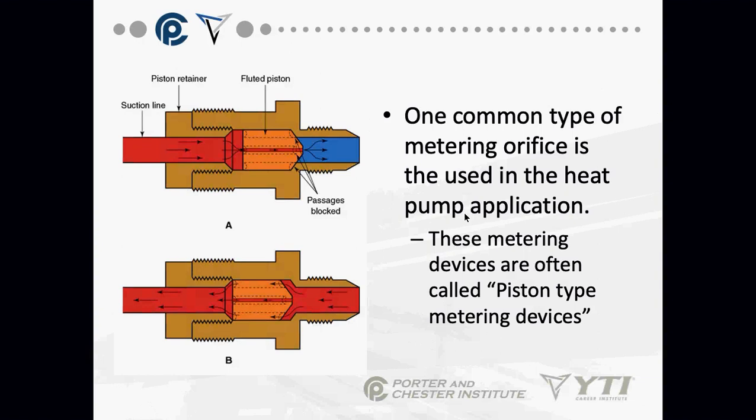There's a little moving part inside. That's called a fluted piston. When the refrigerant is flowing this way, okay, it comes through the center of the orifice. It blocks the bypass. When the refrigerant is flowing this way, it allows refrigerant to flow in multiple directions.